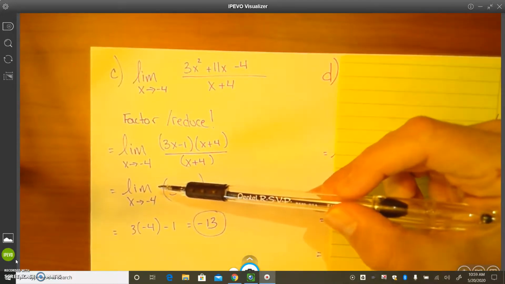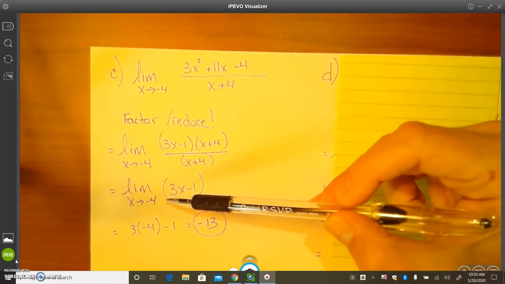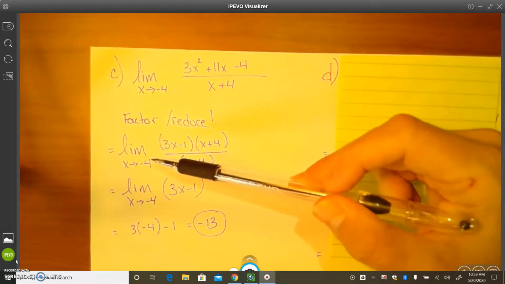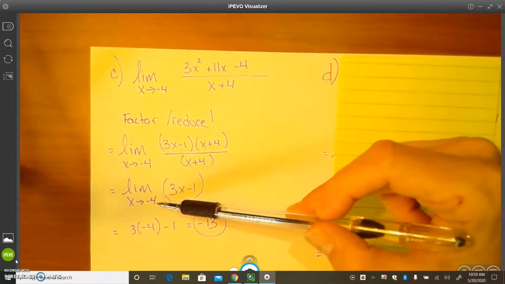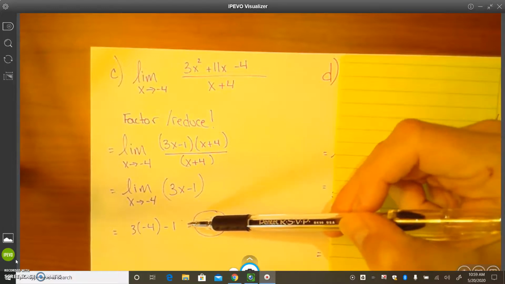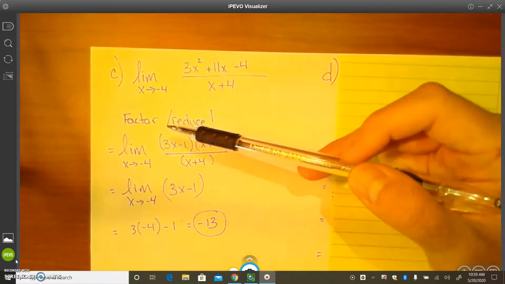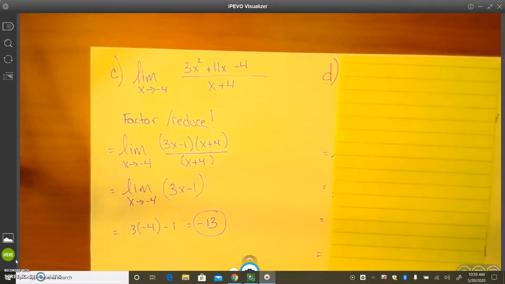So consider this your first warning, and I'm going to repeat myself probably every video we deal with limits from this point on. This limit notation, you have to carry this down step to step to step until you're ready to do the direct substitution, okay? Without that, you're calling two things that are equal actually not equal, okay?